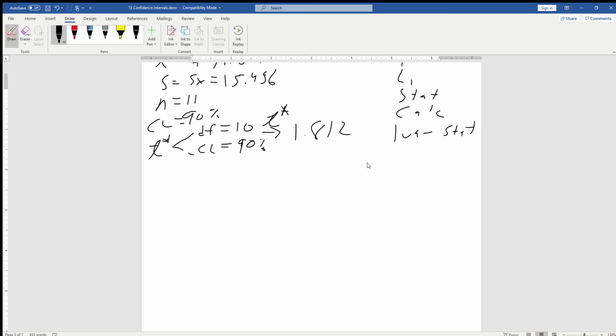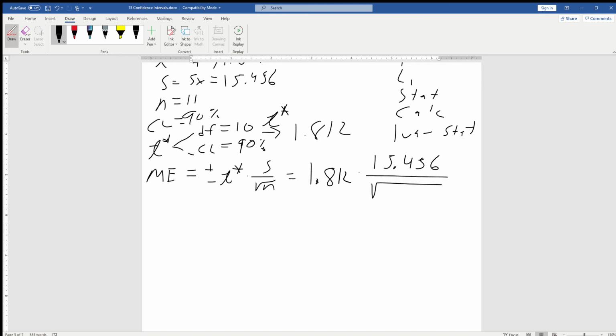Now remember our formula, margin of error is equal to plus or minus t critical times s over square root of n. In this case, t critical is 1.812 times s, which we just found to be 15.456, divided by the square root of n, which is 11.